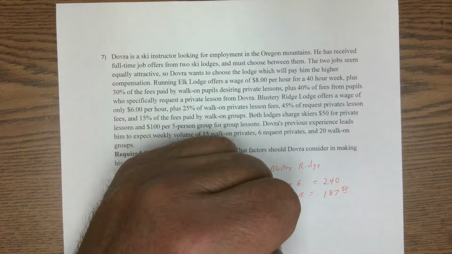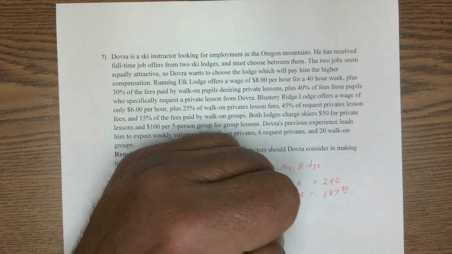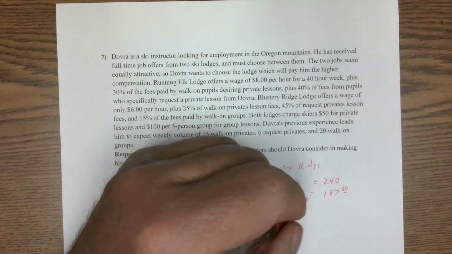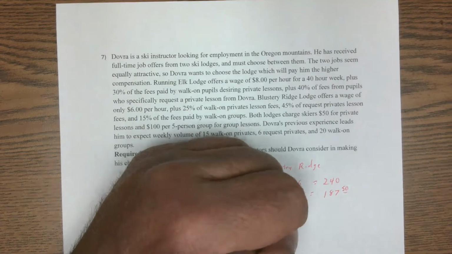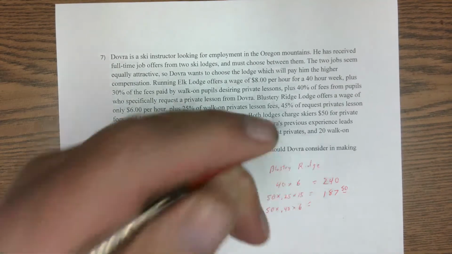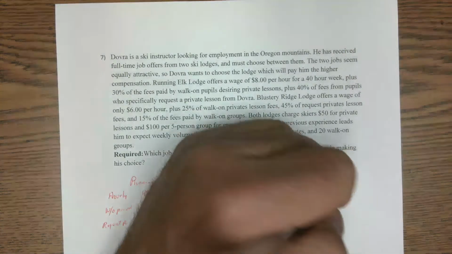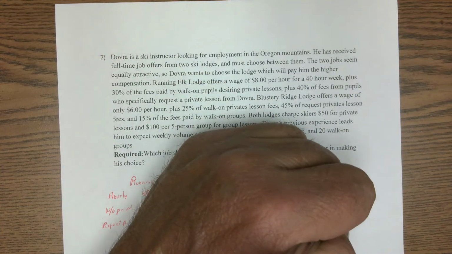And for Blustery Ridge, we would have 50 times 45% times 6, which is $135.